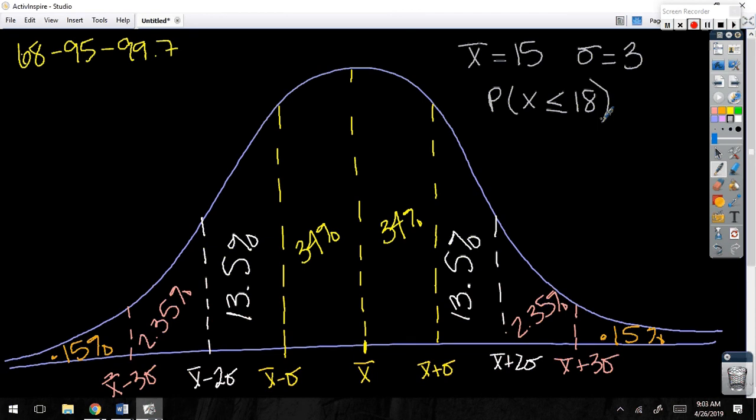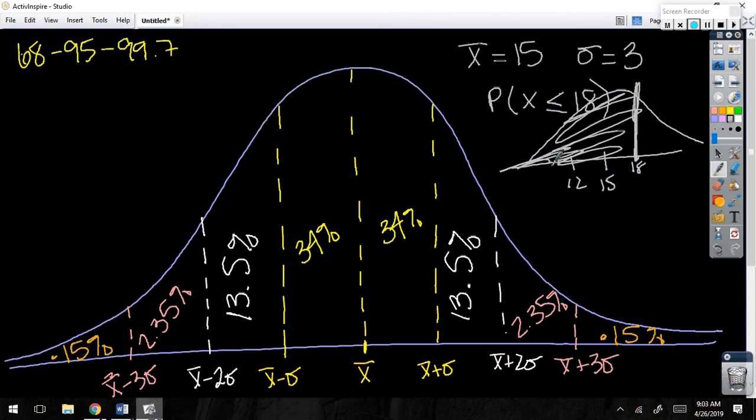All right, now I always think about this. I do a little sketch off to the side and I'll say, okay, so this is the middle, this is 15. If I go up 1, down 1, right here is where I need 1 standard deviation away, right? And so sometimes I'll even sketch a little thing here and go, okay, less than goes this way, so I need that area. So now look at the chart that we derived. 1 standard deviation to the right of the mean and everything below it. What percentage is that?